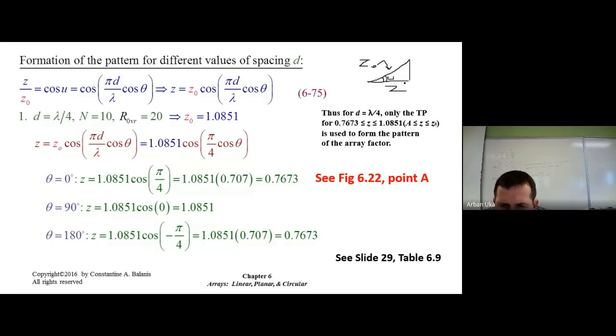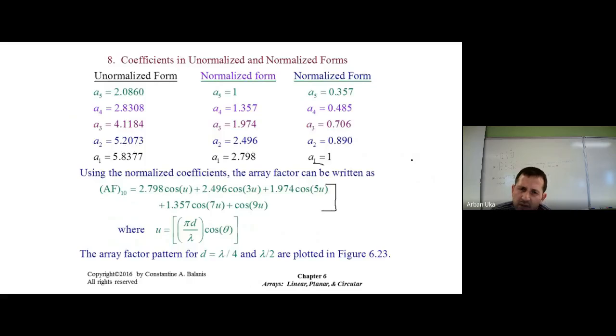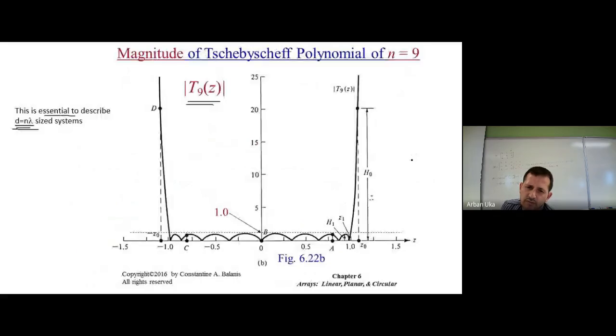So let's have a look again. When d is equal to lambda over 4, we have to include the Chebyshev polynomial, which is where z is above 3/4. So let's have a look at these values, and let's go back and try to figure out what we are talking about right now. That Chebyshev polynomial is actually higher than a. This a that we see here, I forget what that was.